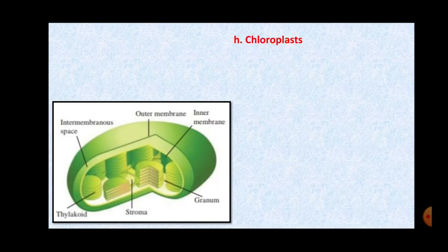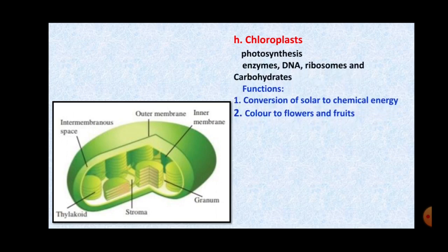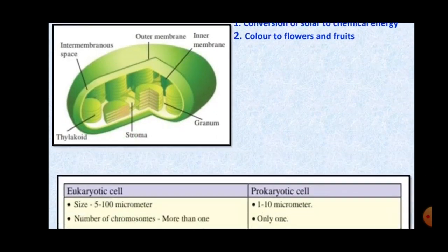Okay, so with this we finish with the different organelles present inside the cell, and chloroplast, which is green in color, performs one of the very important functions, that it converts the solar energy into chemical energy.